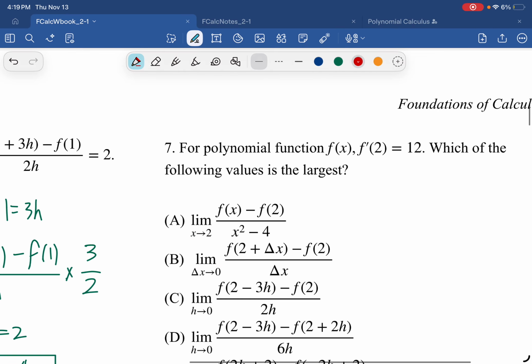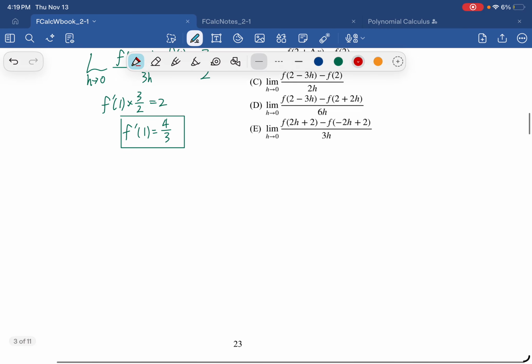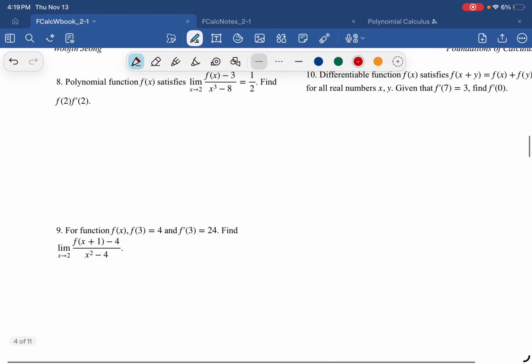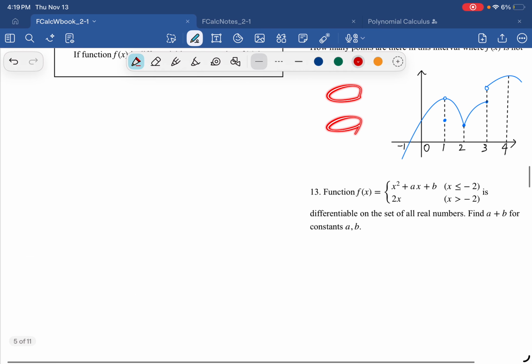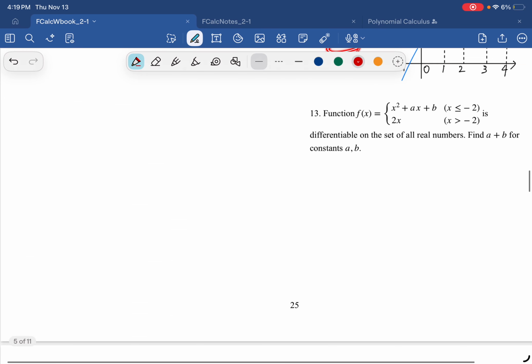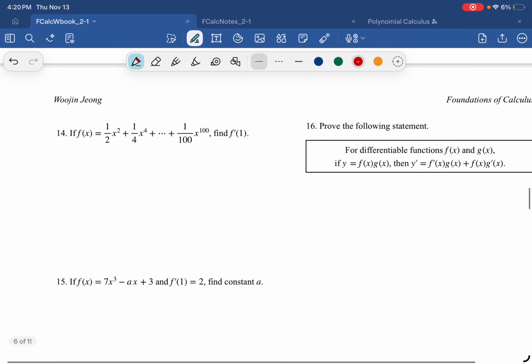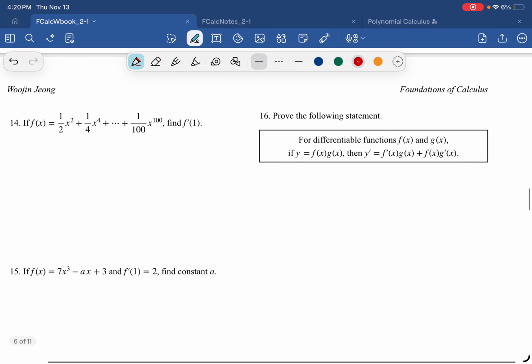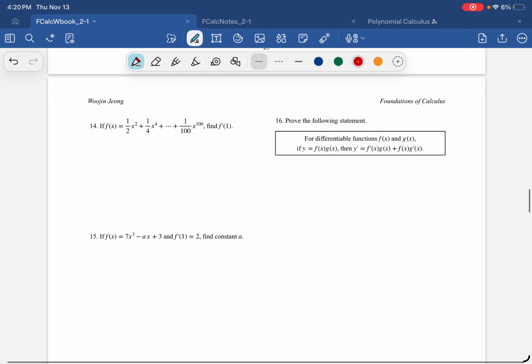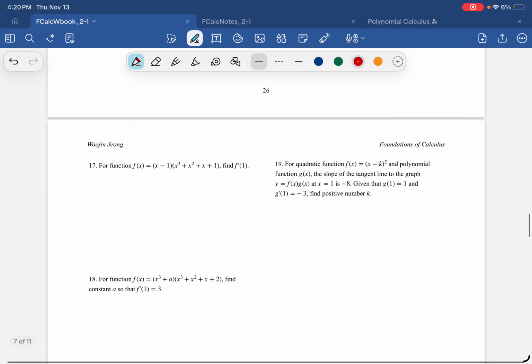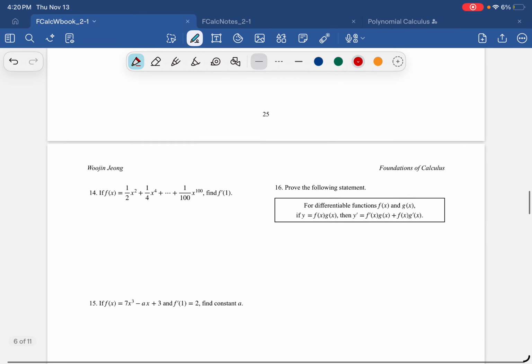Number 7, I think it's pretty important how well we can modify the expressions for each of the limits. So number 16, we've proven it, so we won't go over this again. But let's see what we can do.